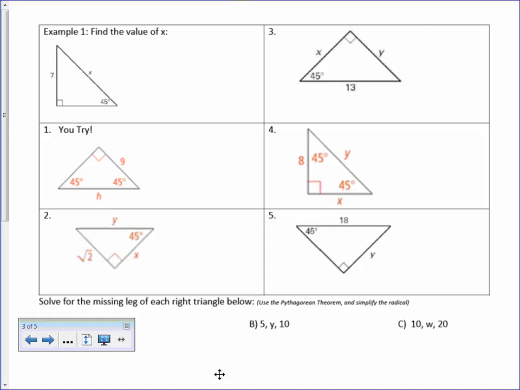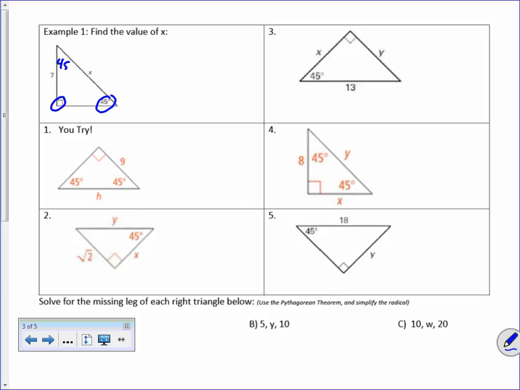Now we're going to look at some examples. Example one is asking us to find the value of x. If we look at this example, we know that we have a 90 degree angle and a 45 degree angle, so that means the other angle must also be 45. That means we're dealing with the 45, 45, 90 special right triangle.